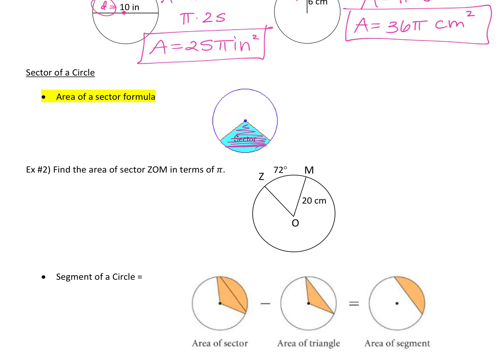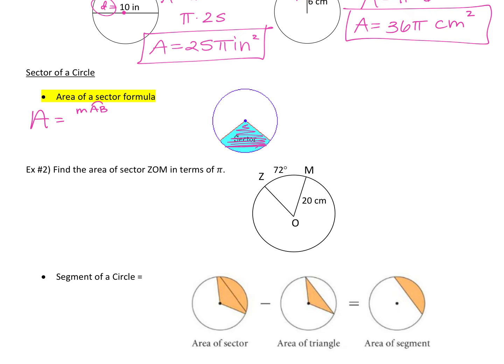Now think about what we did yesterday. We found the length of an arc, and we said it's the fraction of the circumference of a circle, right? It's a piece of the circumference when you find arc length. Area is a fraction of the area of the circle, okay? So the formula looks really similar. We say the area of a sector is going to be the measure of the arc.